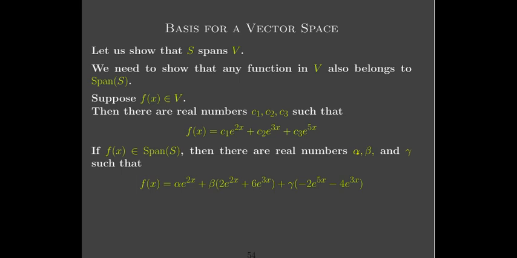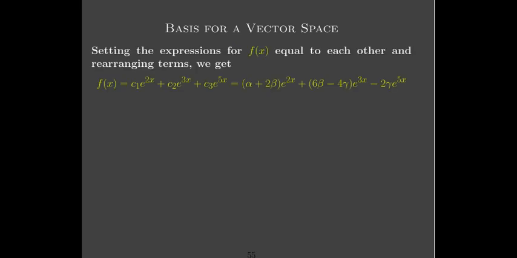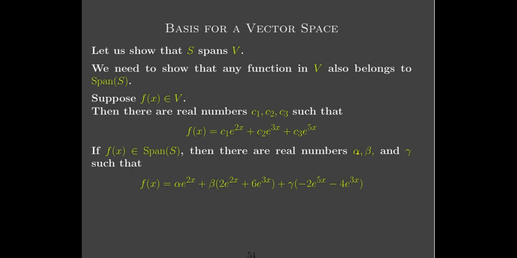And we're going to say that my function f must be a linear combination of those 3 functions in S with coefficients alpha, beta, and gamma. So I should be able to set those equal to each other, the linear combination of exponentials from the original set and the linear combination from the other set. Now what I've done is I've collected the like terms.